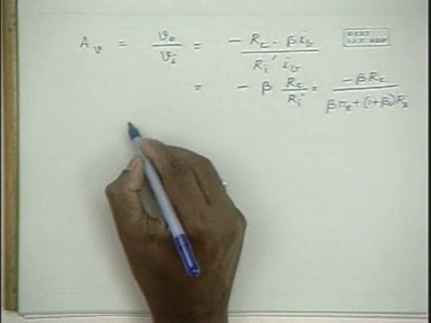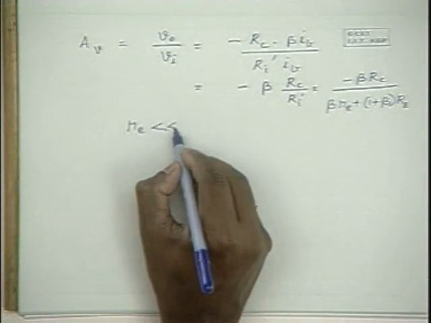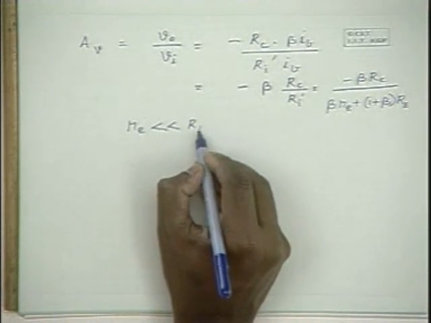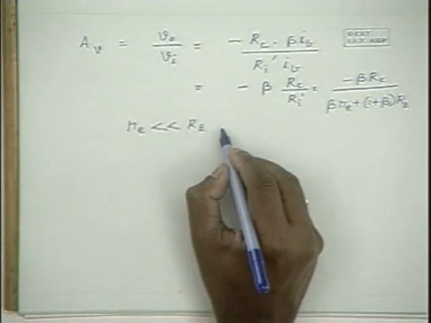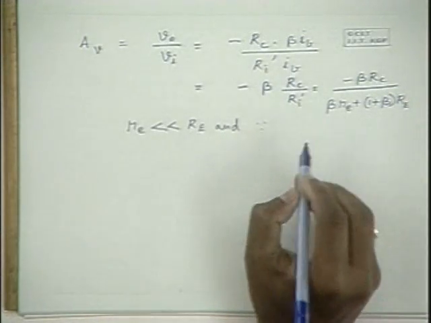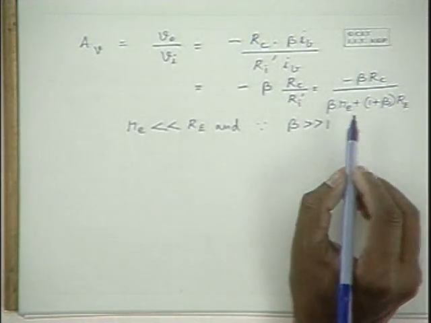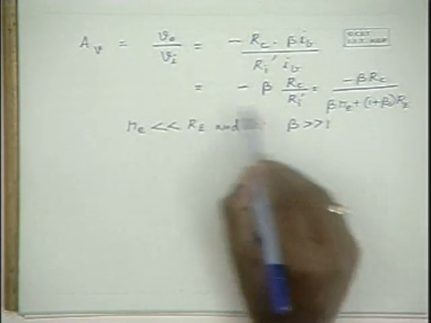Now you can obtain an approximate expression for the voltage gain. By these approximations, if re is much smaller than capital RE, and since beta is much larger than 1, you can neglect this because of the first approximation.